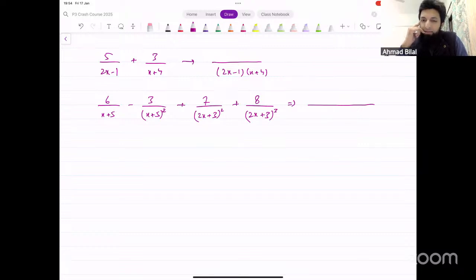Can all of you write down the LCM of these fractions in the chat box? What is going to be the denominator here? What power of x plus 5 and what power of 2x plus 3? Can I get responses from everyone?